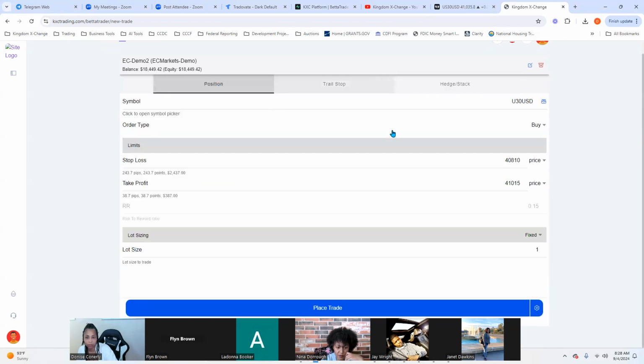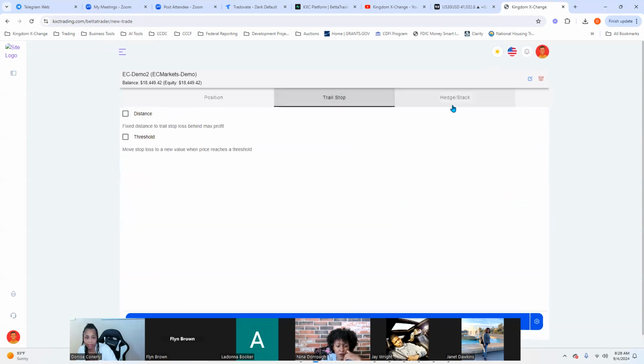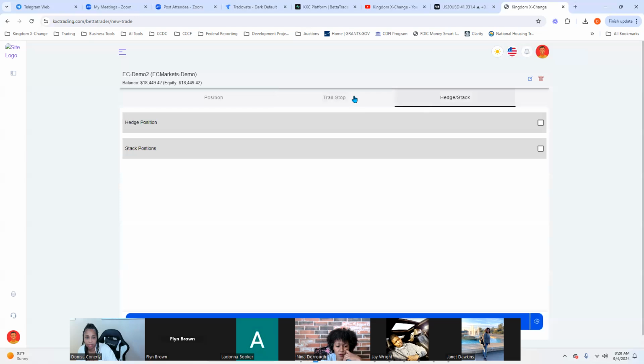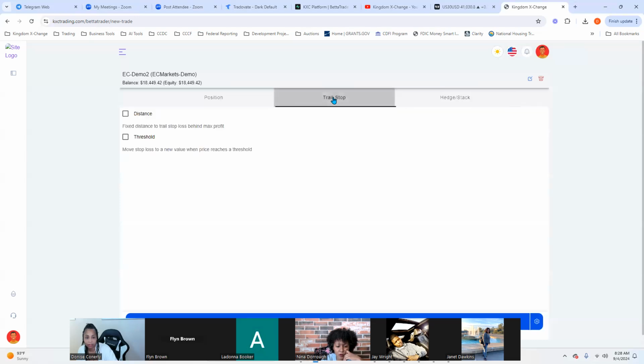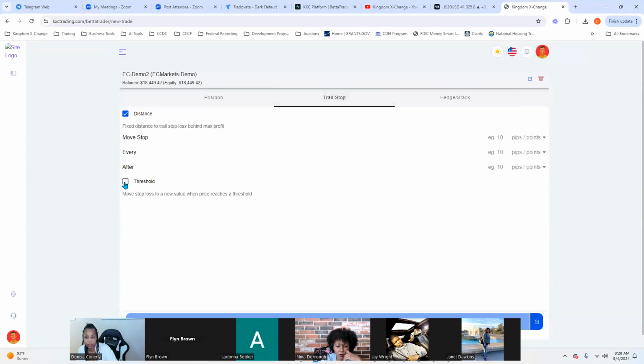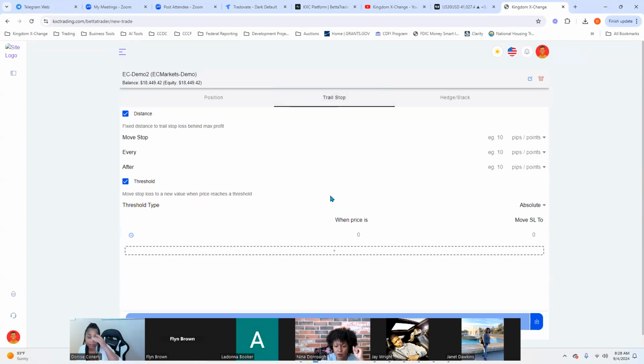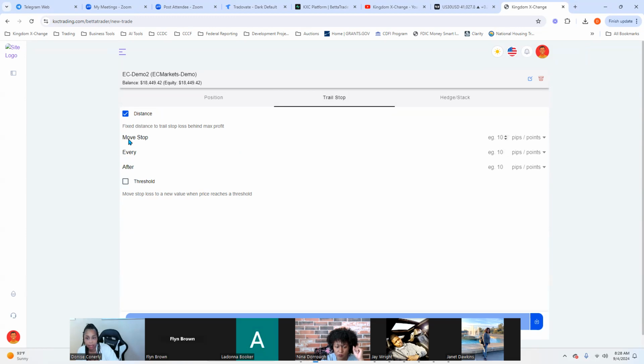But what you can do, this is really what I want to show you. This is where you enter the position, but these are the two places that allow you to manage your trade. So you can do a trailing stop. This tab is your trailing stop. So you can say that after it goes 20 points in profit, every 10 points, I want you to move my stop up 5 points.